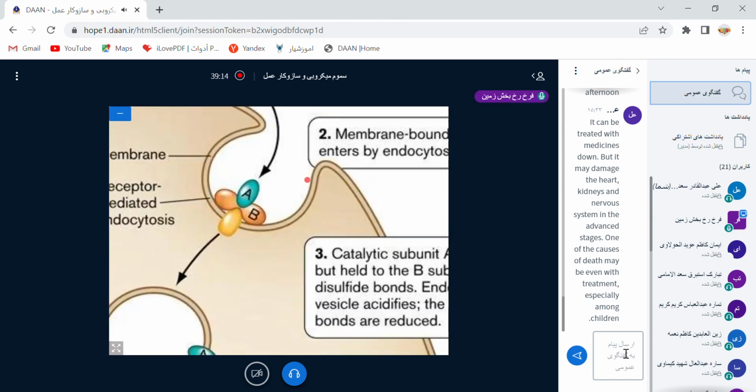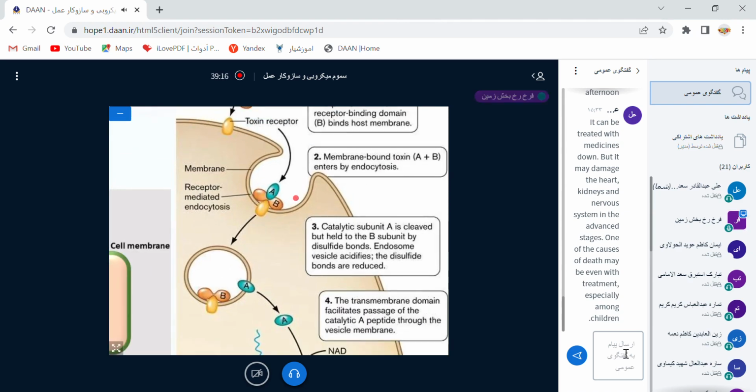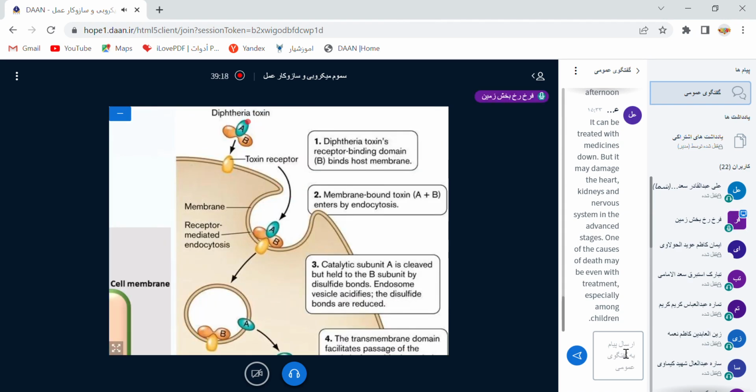Now we see in more detail what happened. Diphtheria toxin has two subunits, A and B. With the help of the B subunit, this toxin can attach to the toxin receptor. The receptor binding domain, B, binds the host membrane.